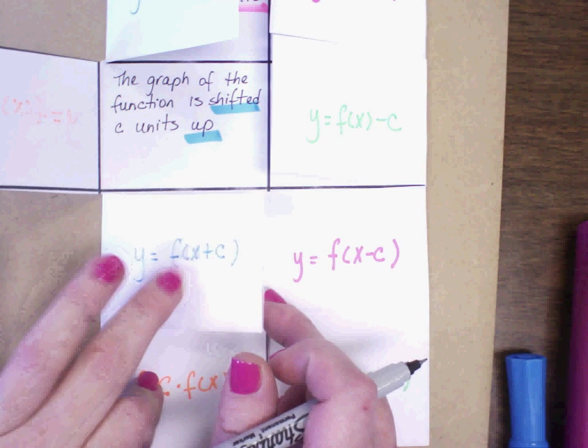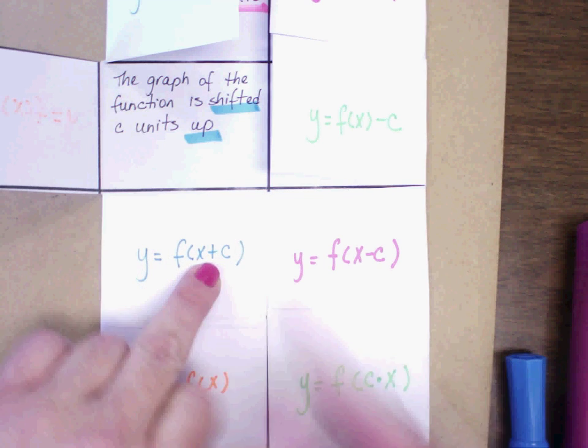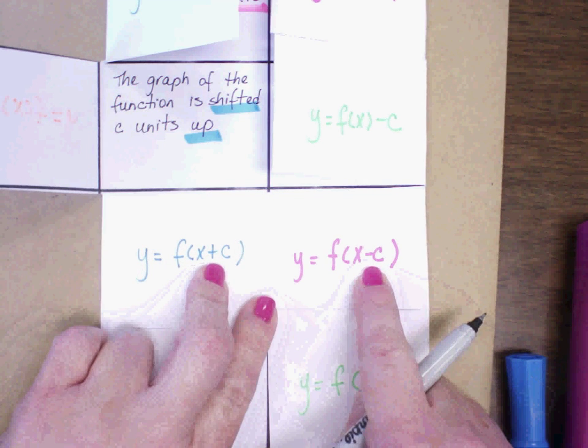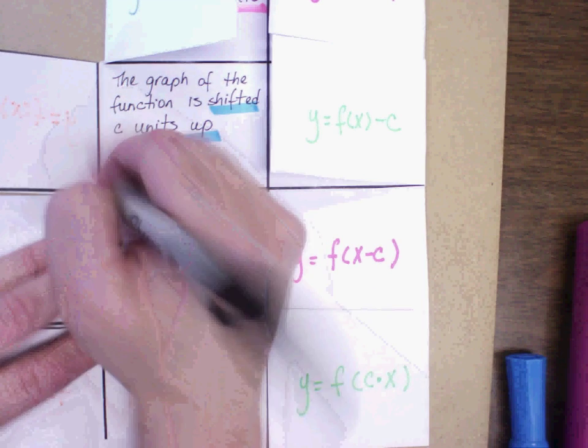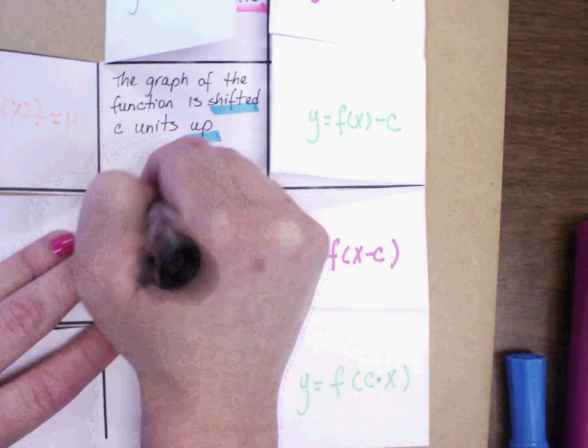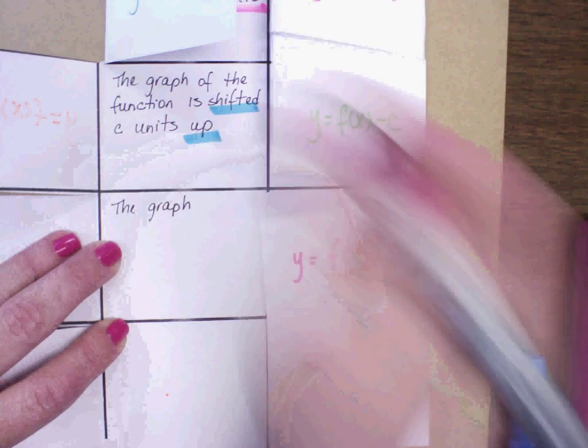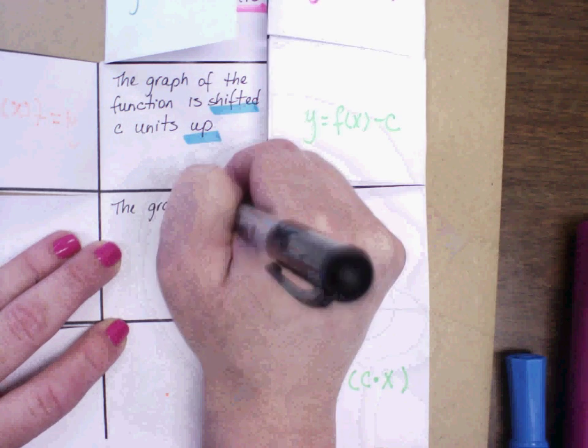So for this one, it moves to the left, and for that one, it moves to the right. Okay. So the graph of the function, they all start the same way. Well, except for that last one. I'm sorry.